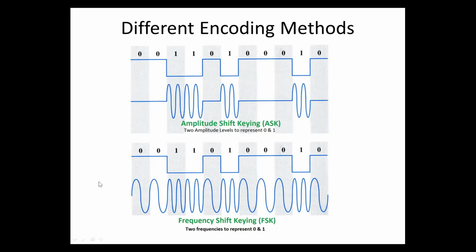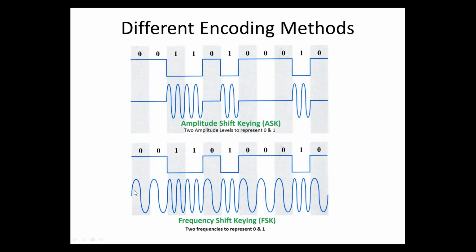There's another coding method called frequency shift keying, where it varies the frequency depending on whether it's a 1 or 0. We won't be seeing this in the demo, we're going to look at it a little later.